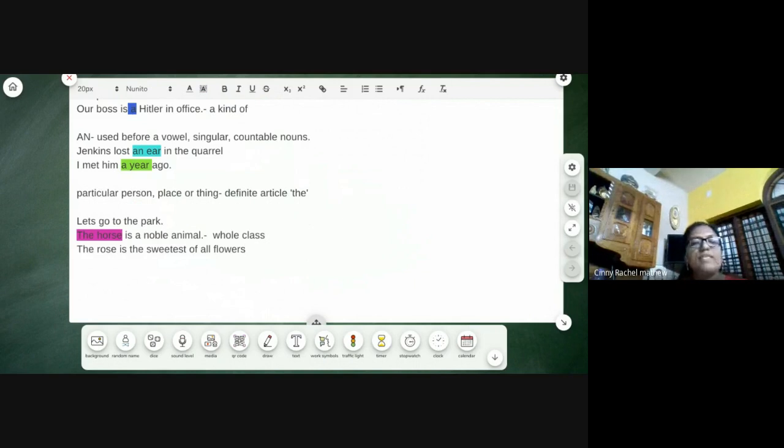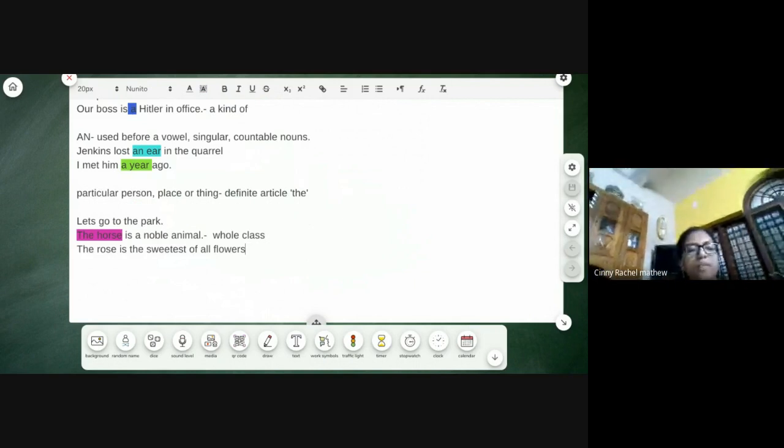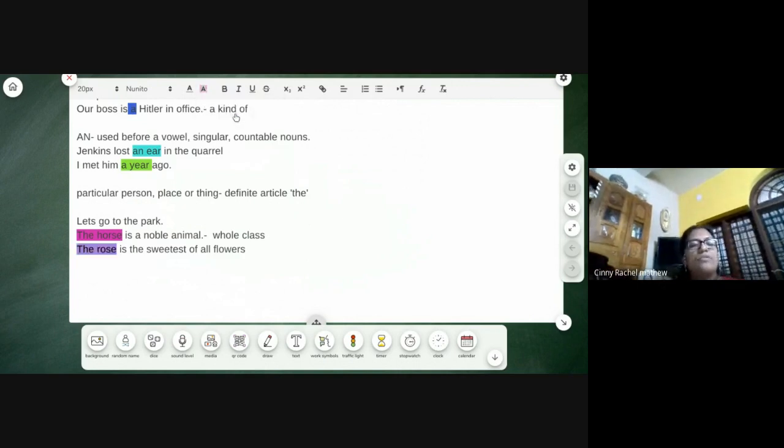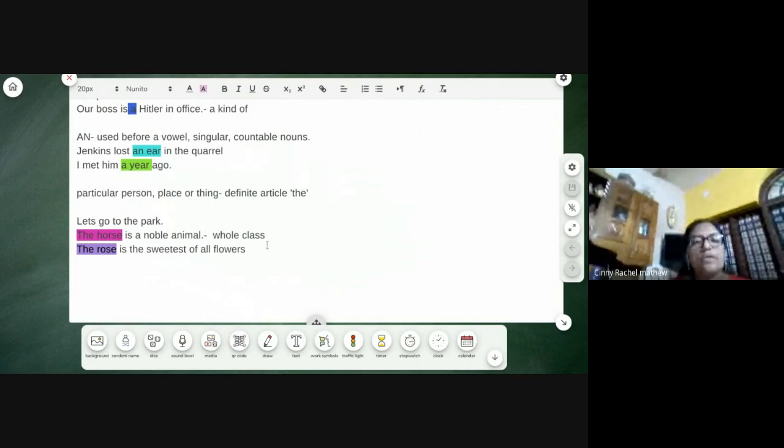Here, the rose is again a class of flowers, a class of roses in the sense of any rose, colored yellow or white or pink or red, or is there any other color for a rose?